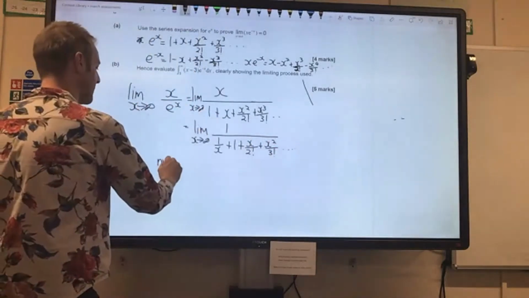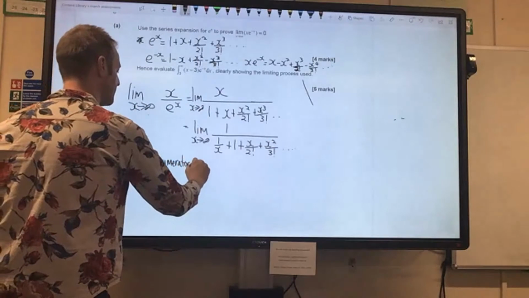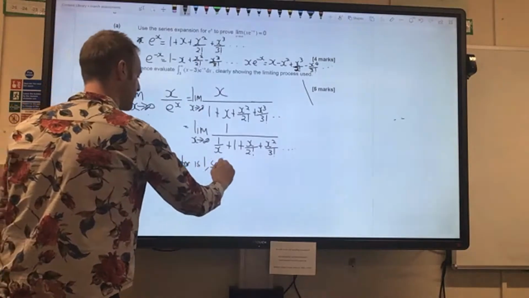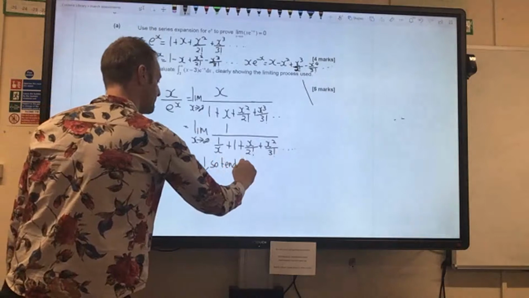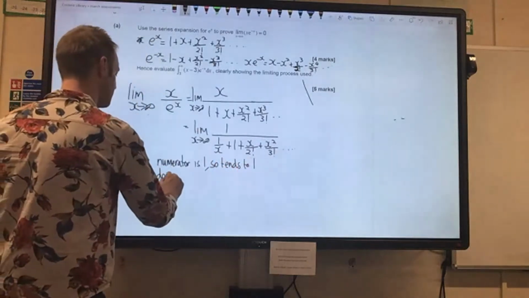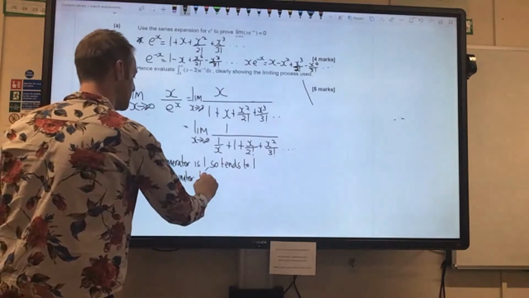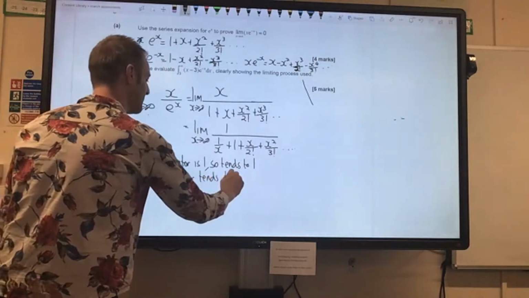Well, the numerator is 1, so the top tends to 1. And the denominator tends to infinity.